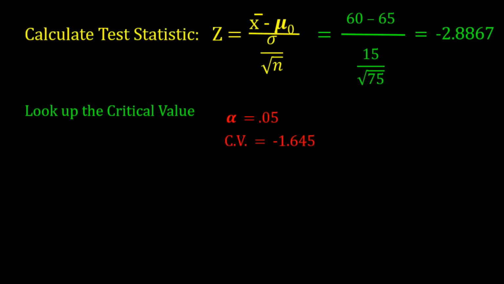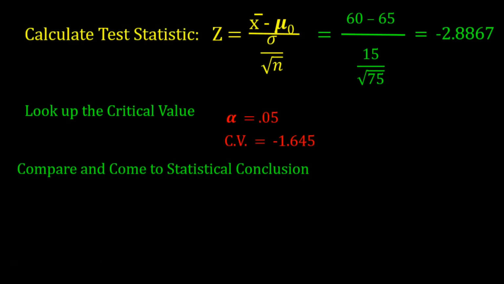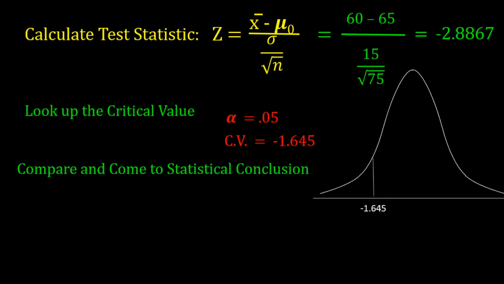The next step is to compare the test statistic with the critical value and come to a statistical conclusion. Well, let's see where the test statistic falls. Here is the distribution with the lower tail area marked off at the critical value point we just looked up, minus 1.645, and the test statistic was calculated as negative 2.8867.